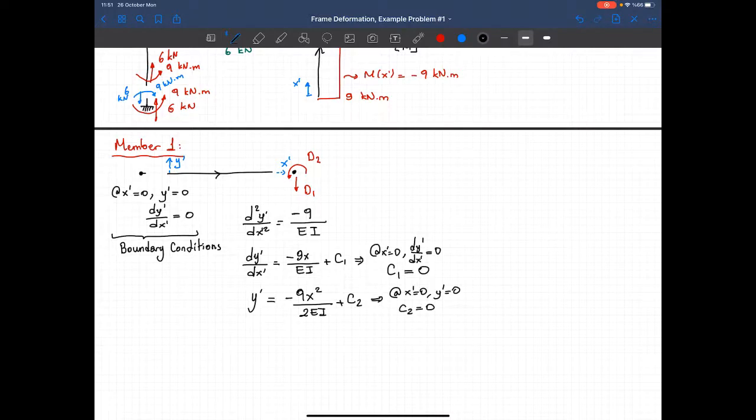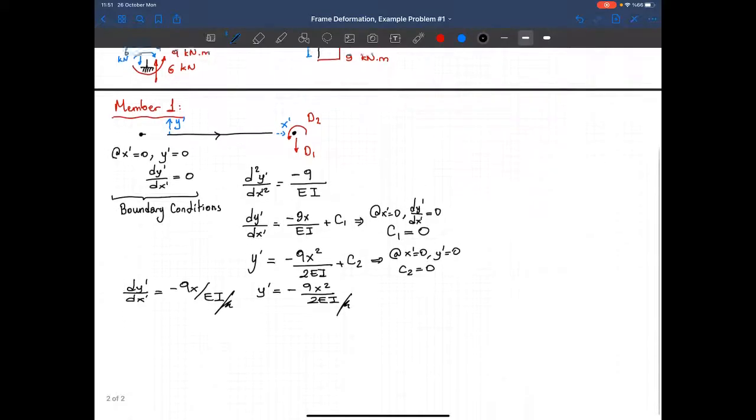So for the first member, the equation for rotation is equal to minus 9x divided by EI. So there's a linear variation in rotation. And the equation for transverse displacement is minus 9x squared divided by 2EI.